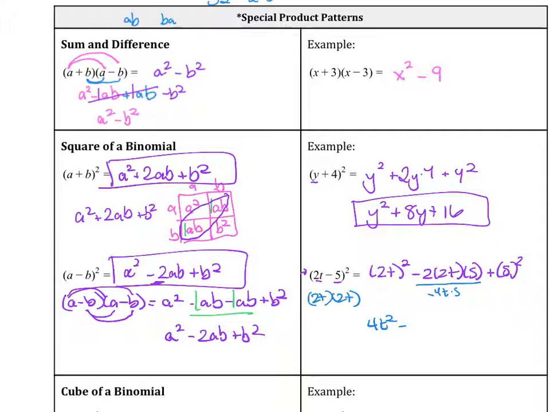So 4 times 5, that's a negative 20t, and then 5 times 5 is a 25. So this final answer is 4t squared minus 20t plus 25. And if you have a hard time with this, again, then do it the other method. Do the box method or the FOIL method if you are not comfortable with applying the pattern.